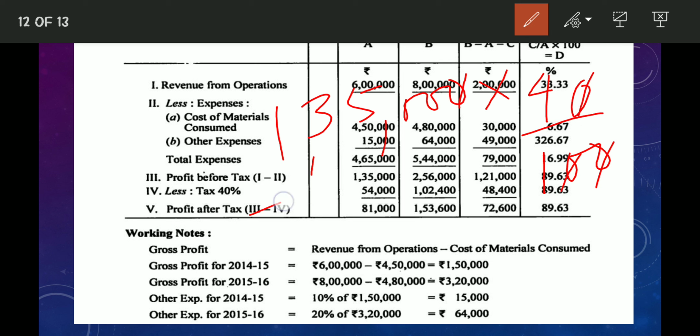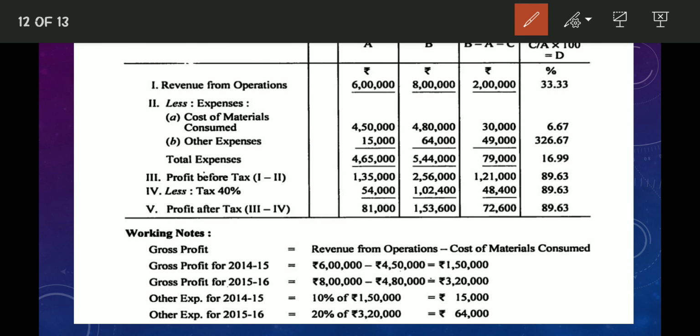It is 54,000. Okay, 54,000. It is deducted as tax. To find out profit after tax, it is given here, that is 54,000 less, and the result is 1,02,400. Okay, and in the same way you can find out absolute figures and percentage change as you calculated in previous questions.